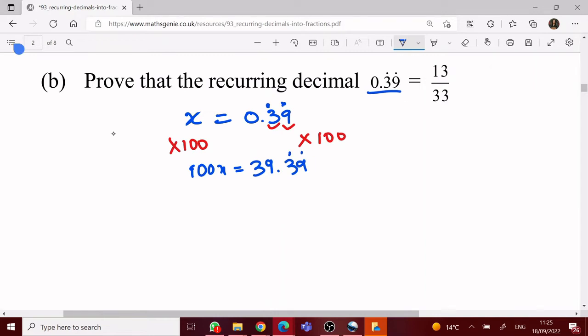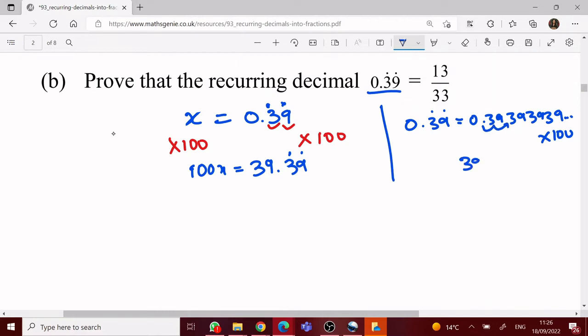Just as a conceptual side of things, we have 0.39 recurring, which is 0.39393939, which goes on forever. If I were to multiply by 100, the decimal point will move twice to the right. That will give me 39.393939 dot dot dot.